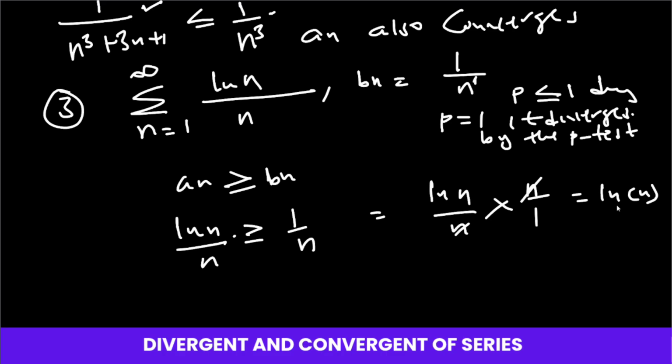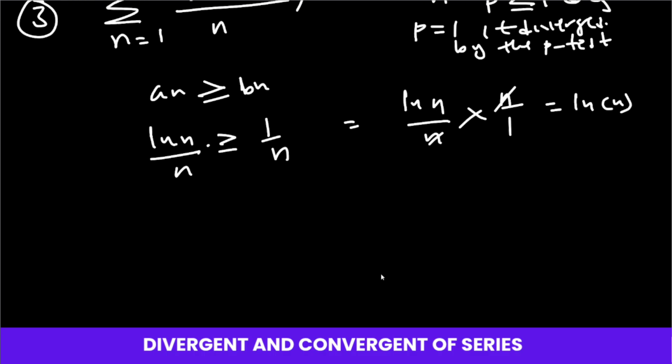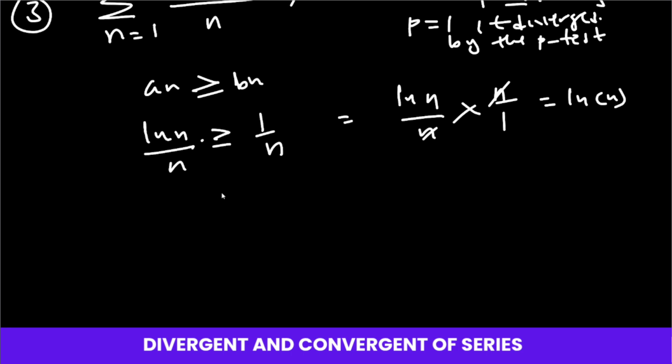Length of n is an increasing number. If you put infinity here, you end up getting length of infinity, which is a very high number, higher than 1. So based on this, it diverges, or the value is greater. So we can see An, which is equal to length of n over n, diverges.